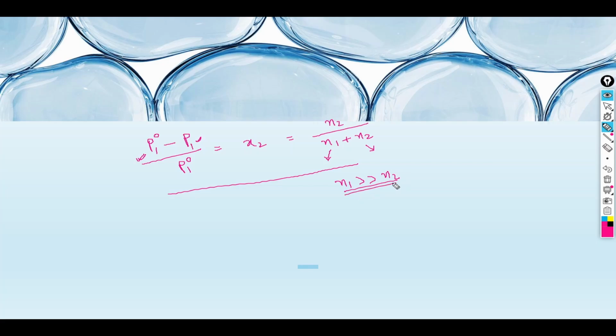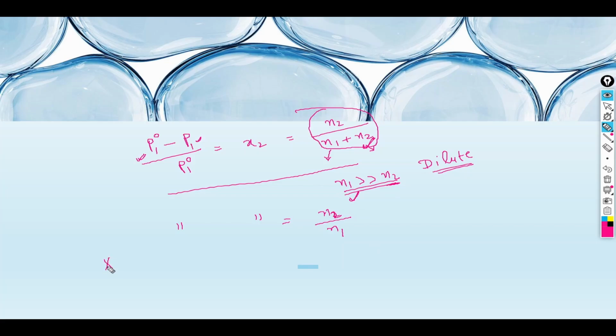And now the equation we can write simply, because the value of N2 is negligible in comparison to N1.